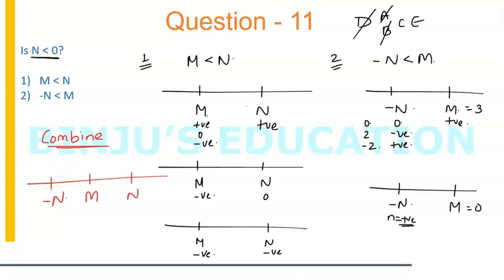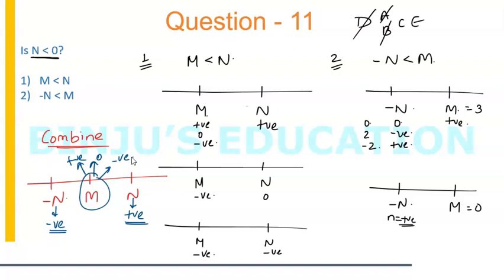Now if n becomes positive, then minus n will automatically become negative. That's for sure. And m can be positive, 0, or negative. But anyways, we are not concerned with m, we are concerned with n.